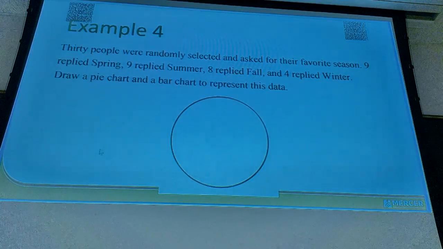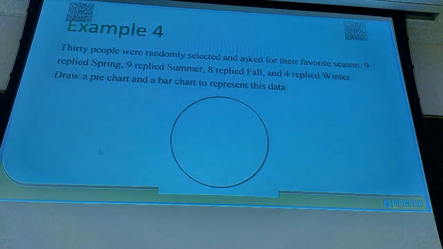Of course. 26.67% for fall, and then 13.33% for winter. Winter should be the smallest.